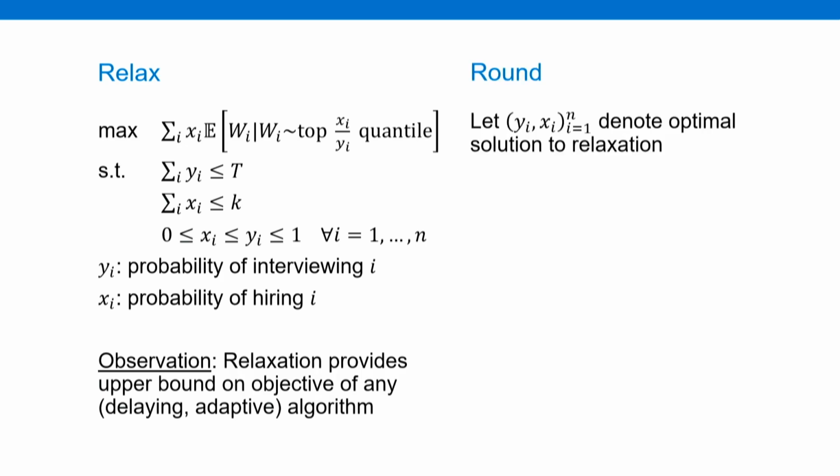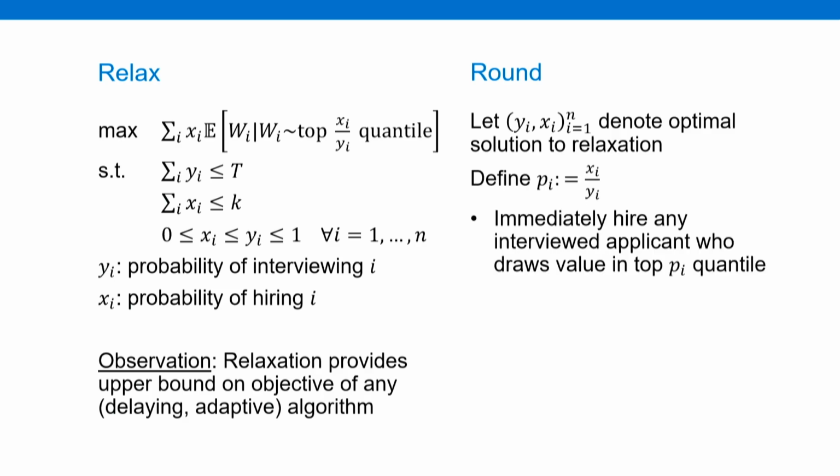The round step is now, once again, I still solve this problem. Essentially, I'm going to reduce this to the sequential offering problem in the following way. I'm going to let pi, the thing that I don't have anymore, be defined from whatever the solution to the LP is: I define pi to be xi over yi. And I force my algorithm so that when I interview someone, if they draw a value in their top pi quantile, I immediately hire them.